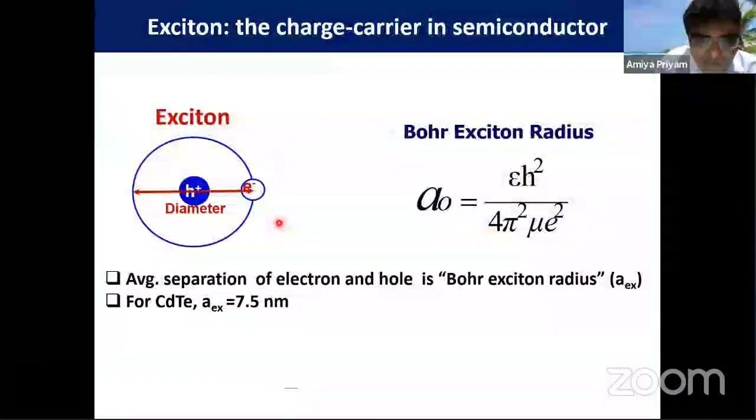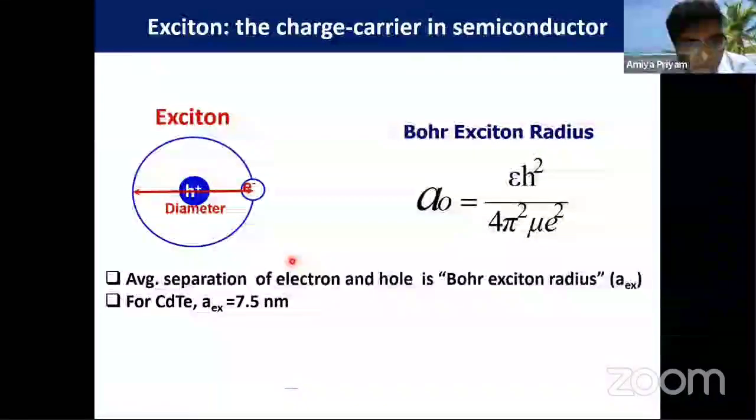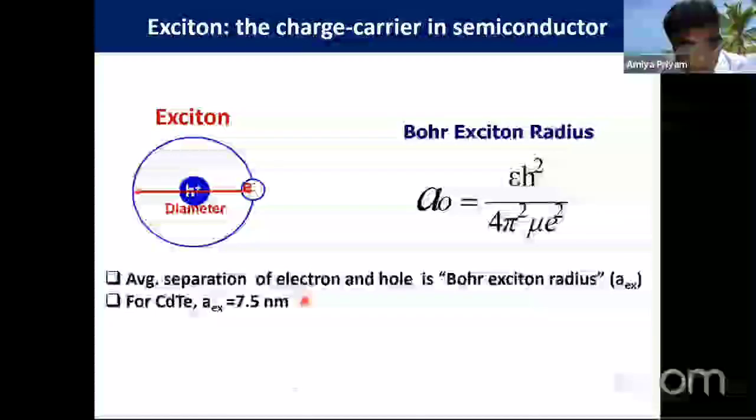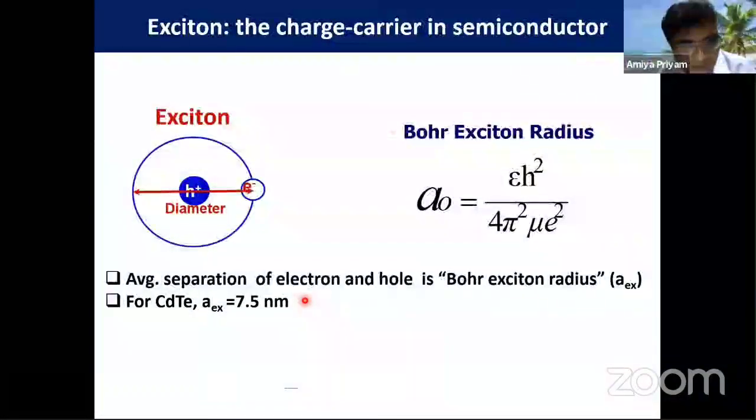This is a typical example, because cadmium telluride is a system that we have worked on for quite some time. Other research groups have also worked on it, and the properties have been quite well understood.